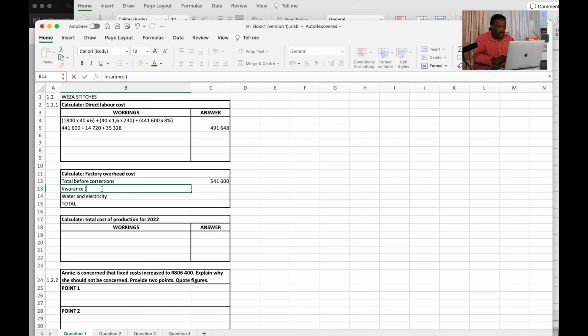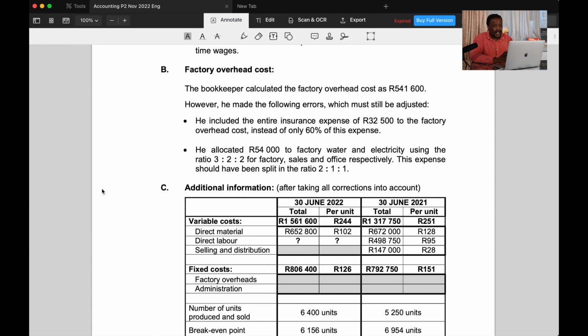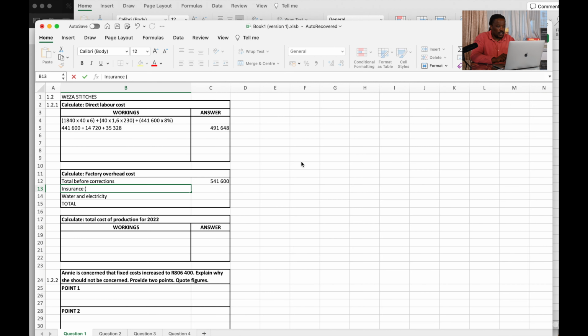Looking at the answer sheet, there is insurance that we must calculate, where 60% was part of this 32,500, multiplied by 40%. Why 40%? 40% must be excluded.